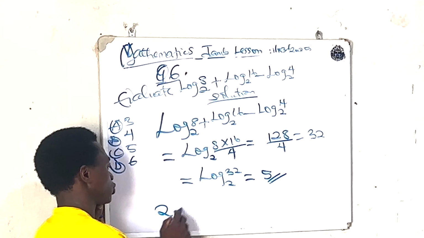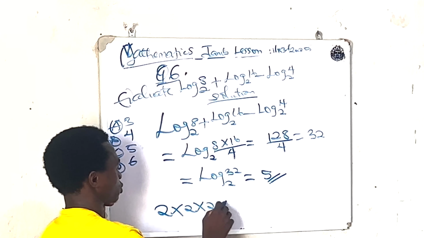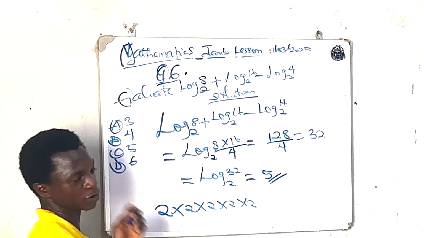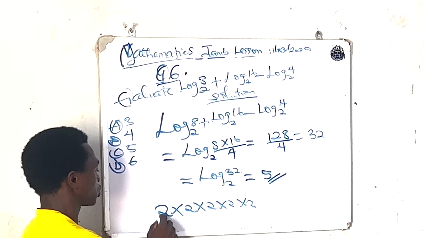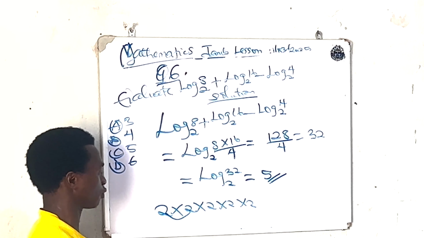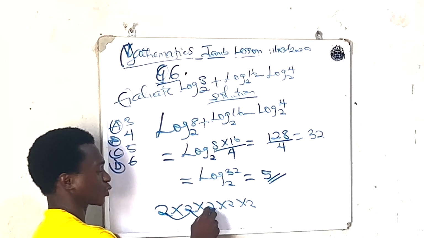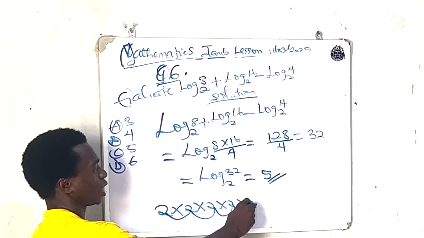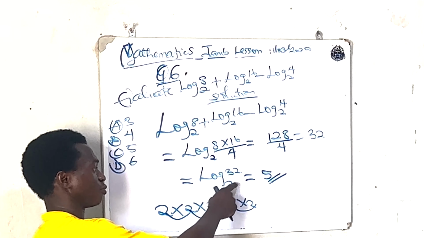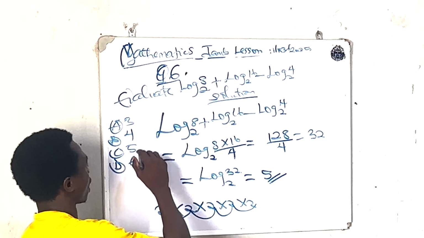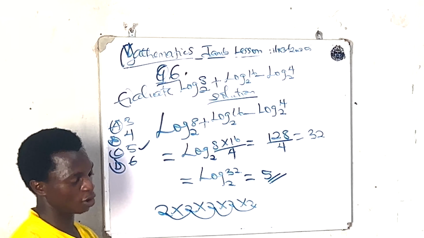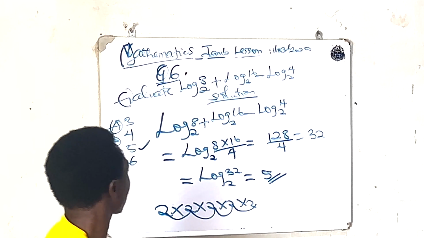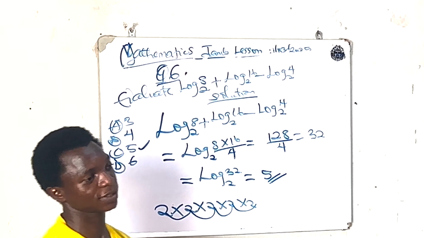Meaning 2 times 2 times 2 times 2 times 2, the 5 places, will give us 32. 2 times 2 is 4. 4 times 2, 8. 8 times 2, 16. 16 times 2, 32. So log 32 in base 2 is equal to 5, meaning option C is the correct answer for question number 6.